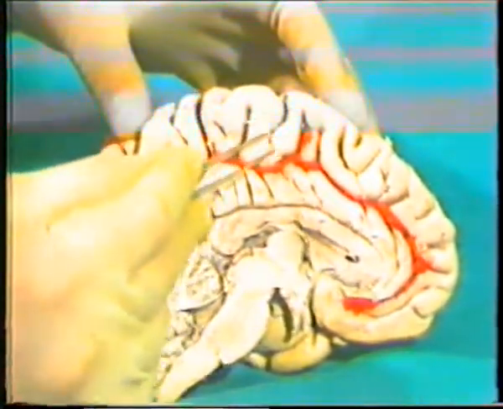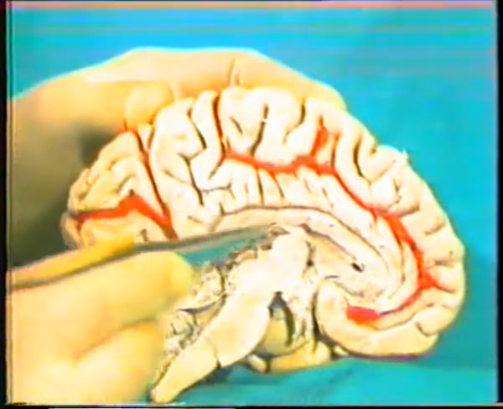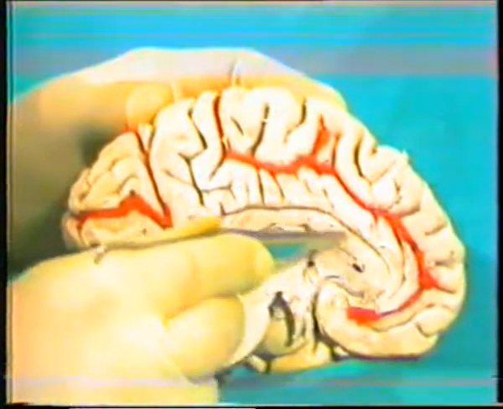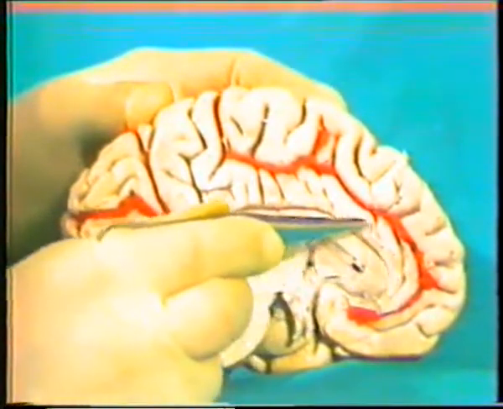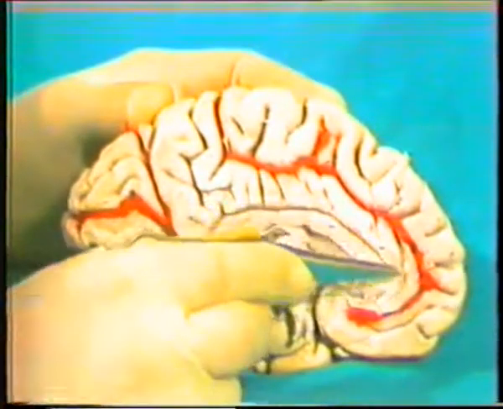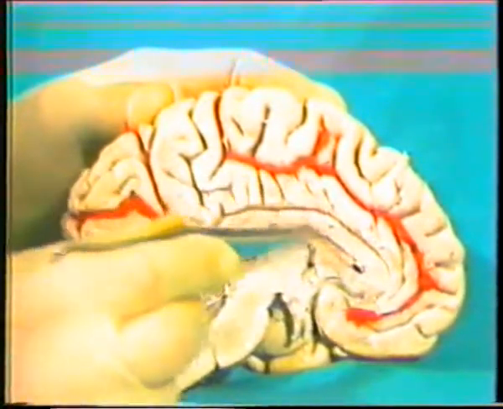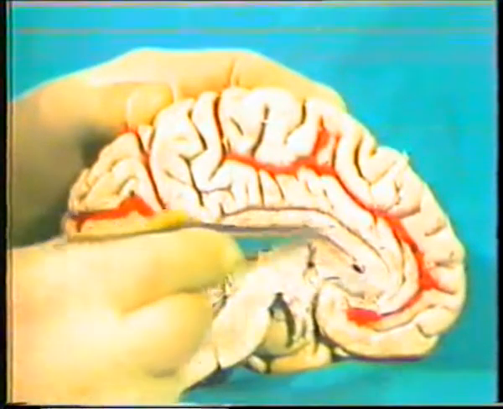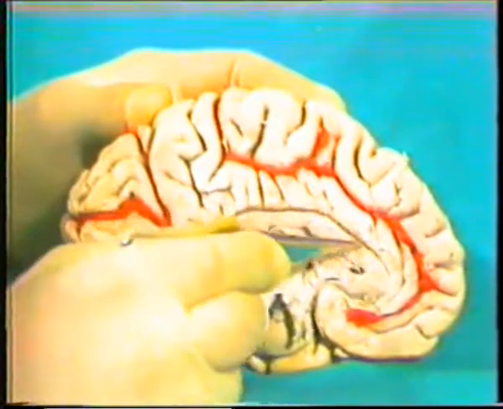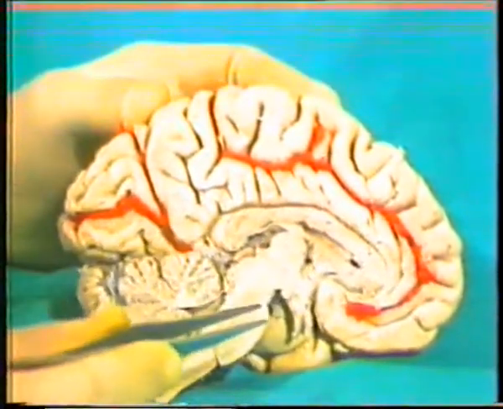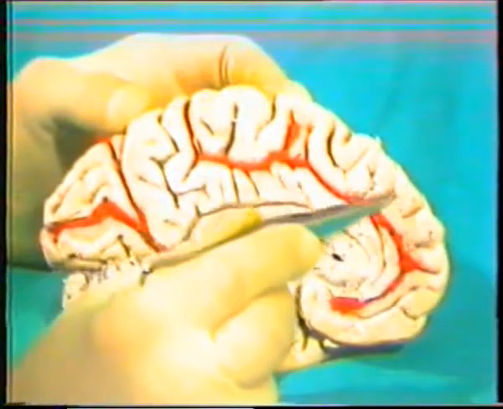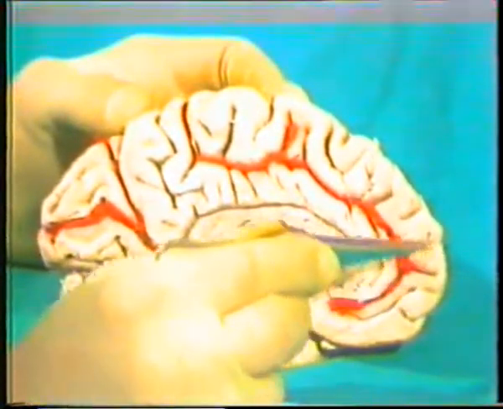The gyrus bounded by the stem of the cingulate sulcus and the corpus callosum is called cingulate gyrus. The sulcus, which lies between the cingulate gyrus and the trunk of corpus callosum, is called callosal sulcus. The gyrus in front of the paracentral lobule as far as the frontal pole is called medial frontal gyrus.